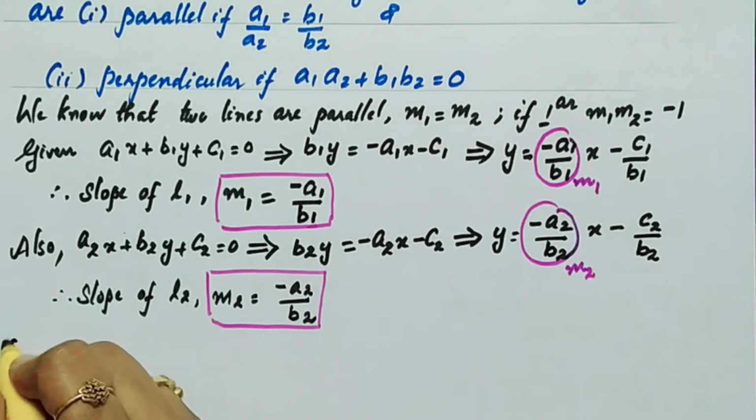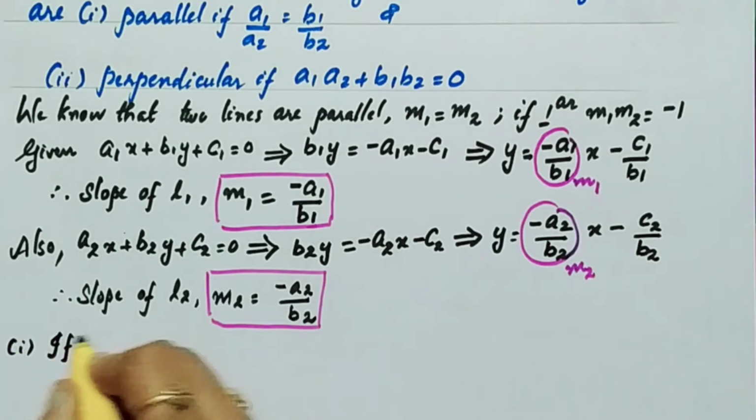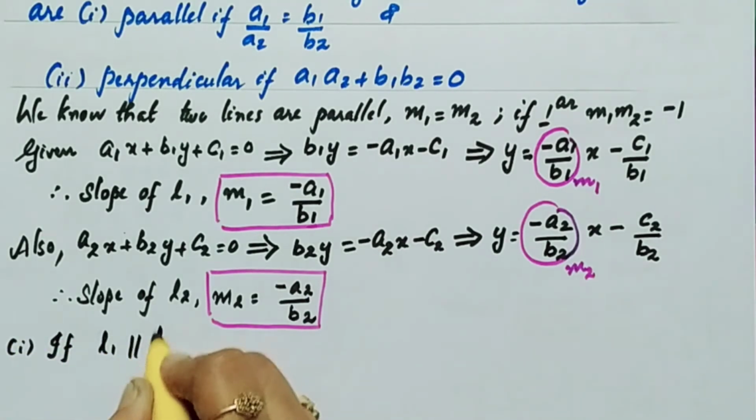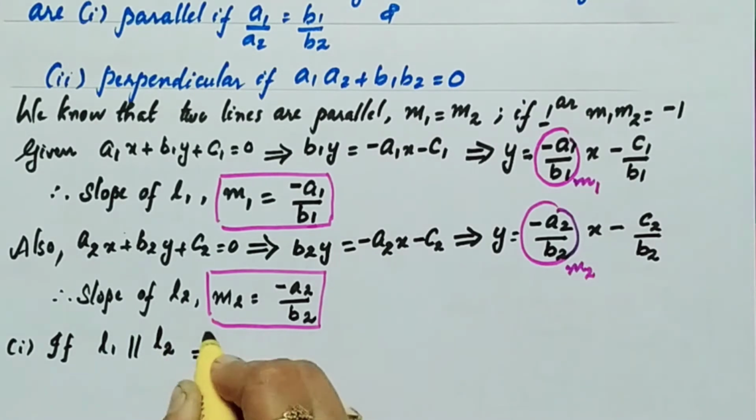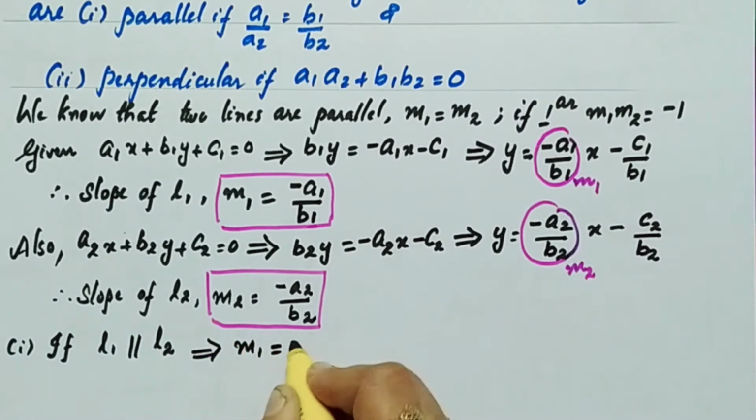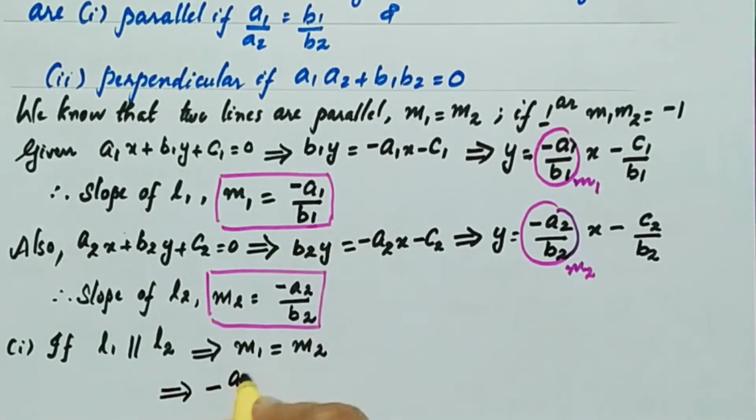First condition, or first question, is that if L1 is parallel to L2, if two lines are parallel, then their slopes are equal. m1 must be equal to m2, which implies, what is the value of m1? Minus a1 by b1 equals minus a2 by b2.